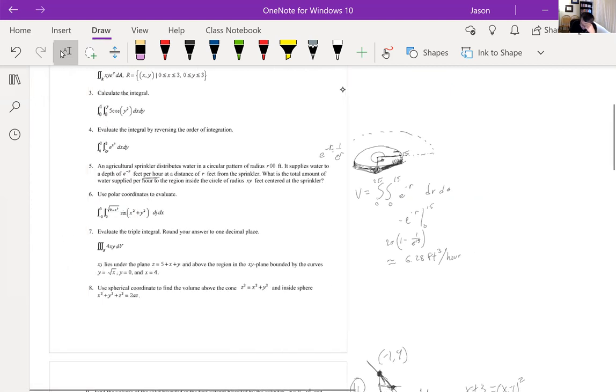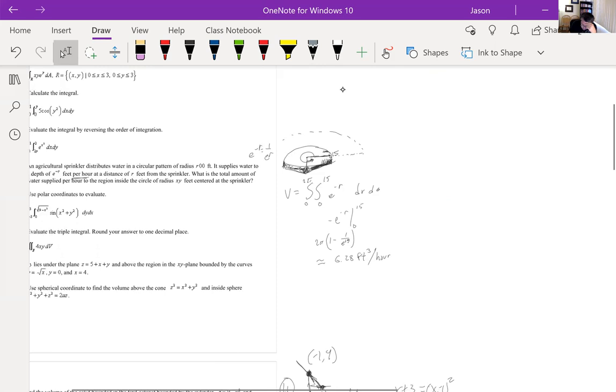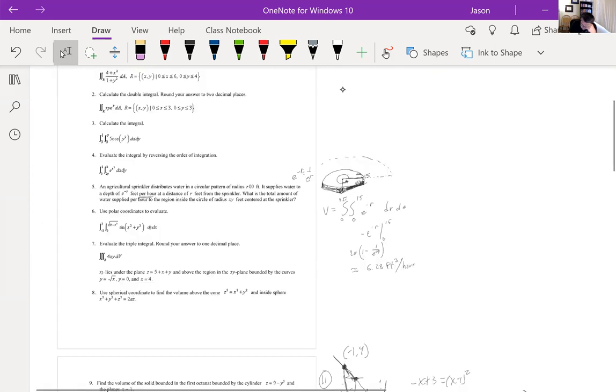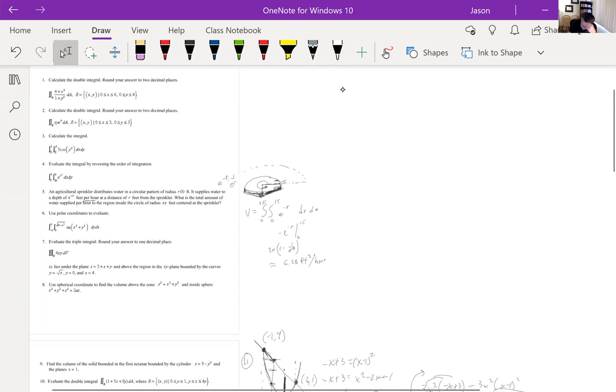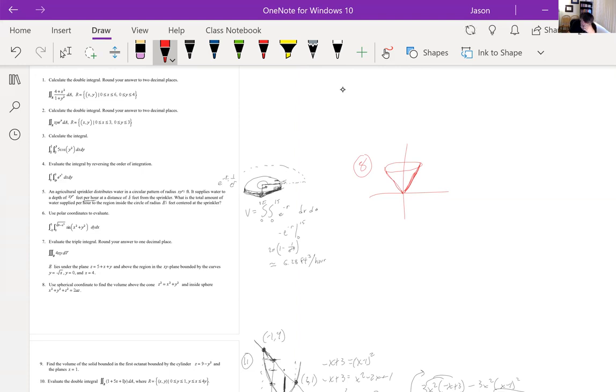Okay, let me write this over here. Number 8. So we have above the cone, and inside the sphere x squared plus y squared equals 2az.